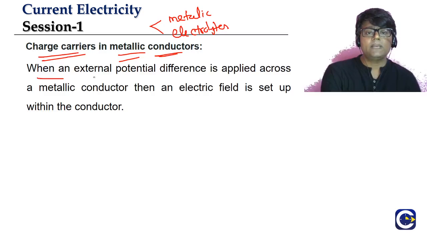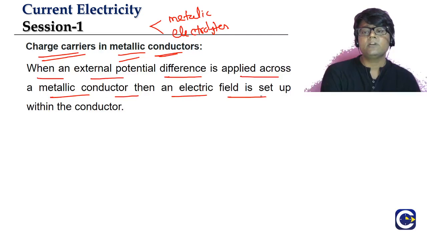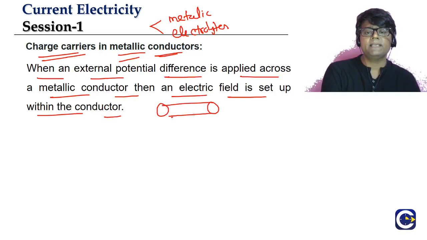When an external potential difference is applied across a metallic conductor, an electric field is set up within the conductor. If we take a conductor and apply some potential difference delta V across it, we set up an electric field inside.